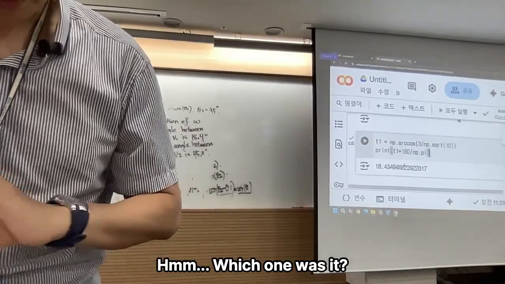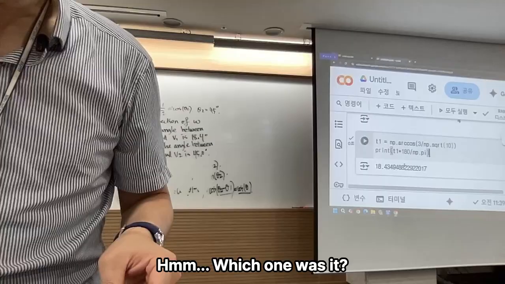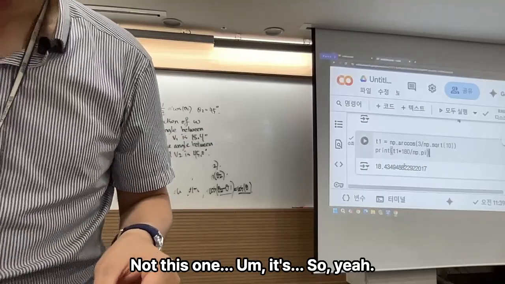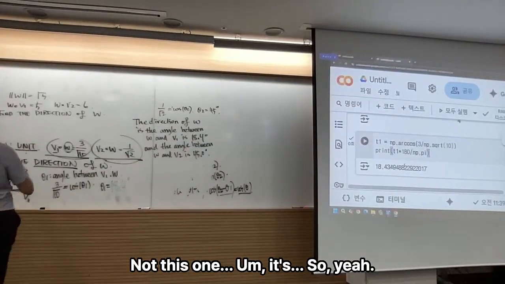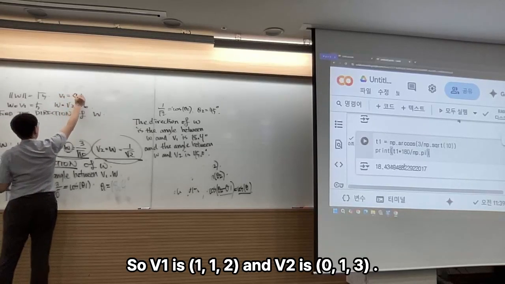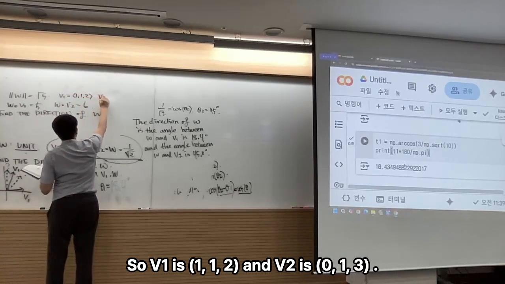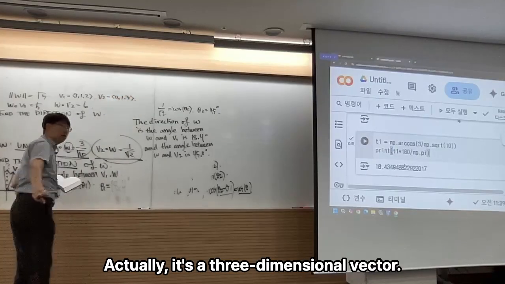Which one was it? Not this one. So yeah, V1 is (1, 1, 2), and V2 is (0, 1, 3). So actually, it's a three-dimensional vector.